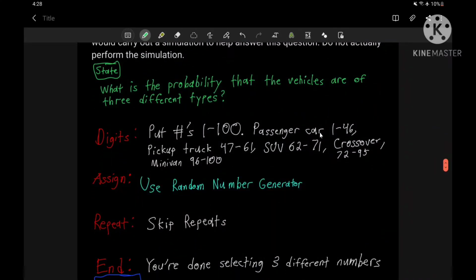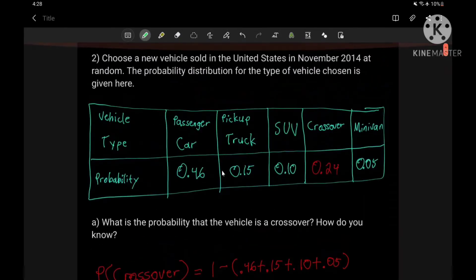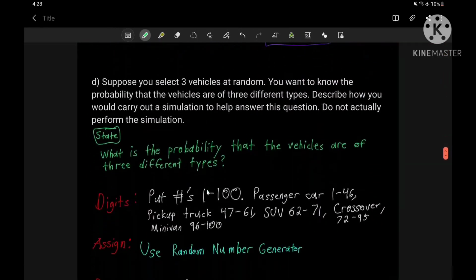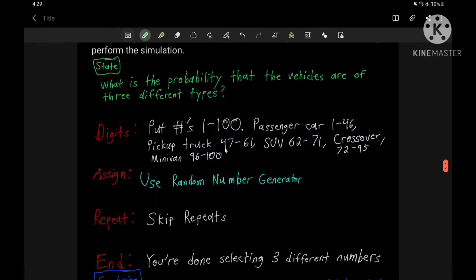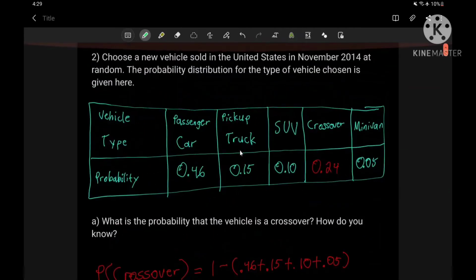For passenger car, it's 1 through 46, because 46 numbers or 46%. Then another 15 numbers, 47 through 61, for pickup trucks.